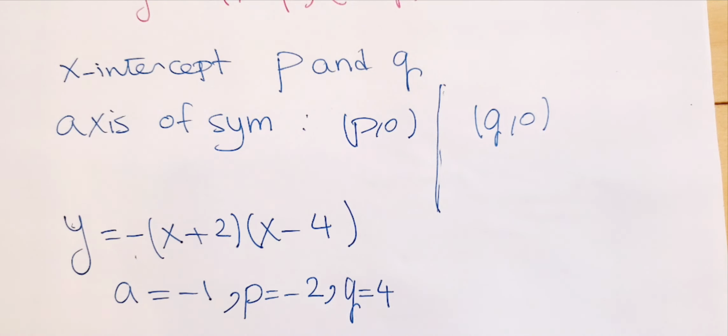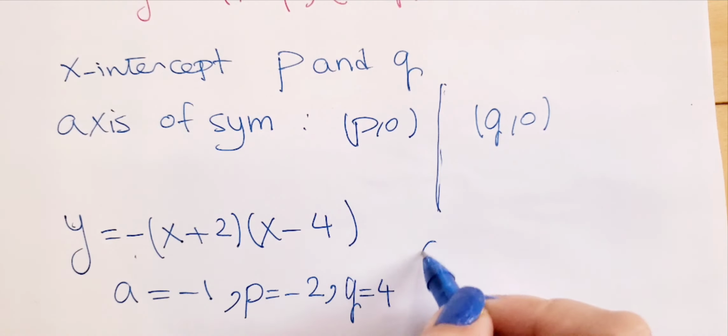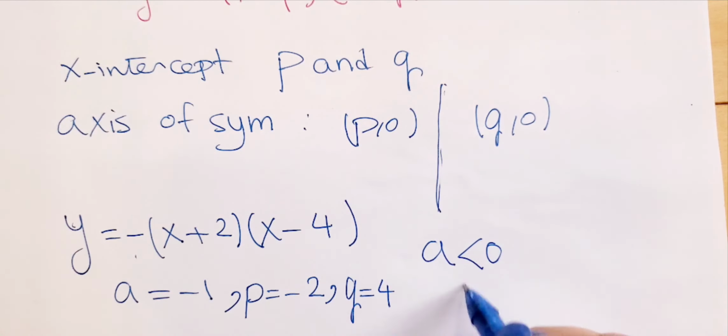If you compare it with the original non-standard format for the quadratic, you will see that the a value would be -1, the p value would be -2, and the q value would be 4. And here, the a value, which is the coefficient of x to the power 2, is less than 0. So the a value is -1.